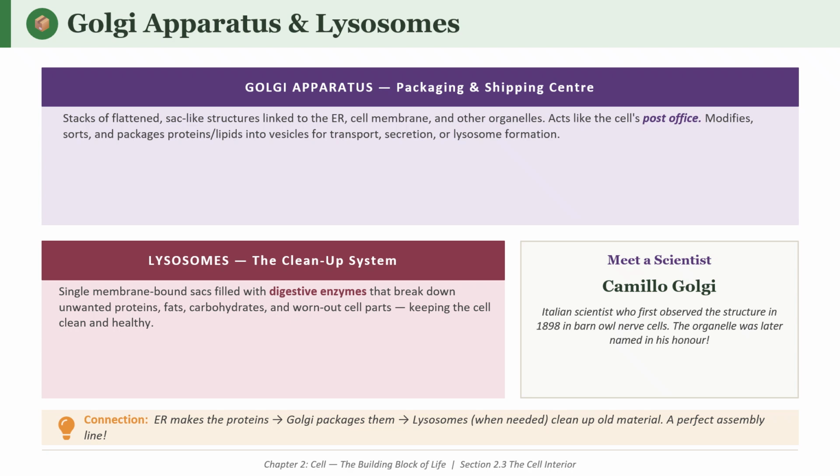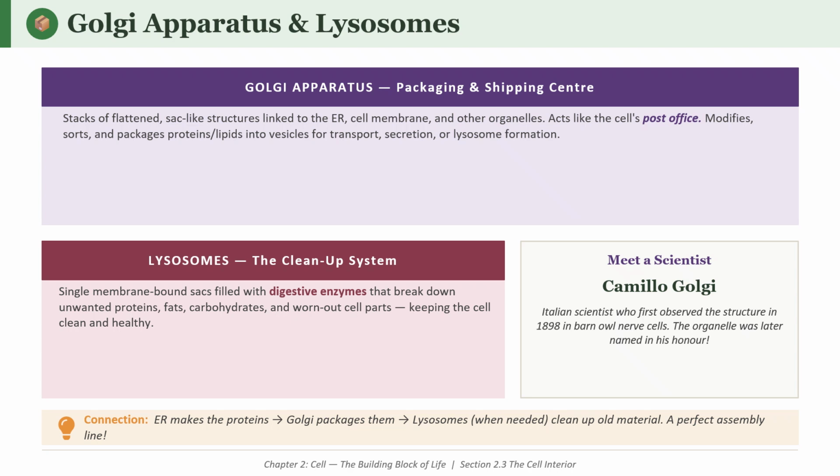So what are the functions I told? Modifies proteins, packages materials, sends them to different parts of the cell and also forms lysosomes. We can say it acts like the post office of the cell. For example, hormones and enzymes are packed into vesicles and secreted.